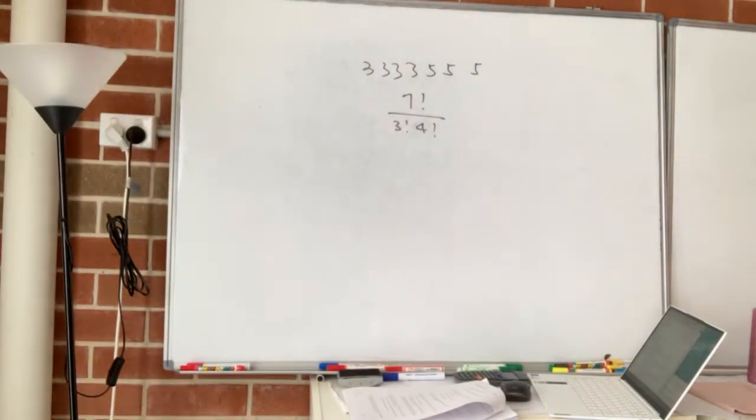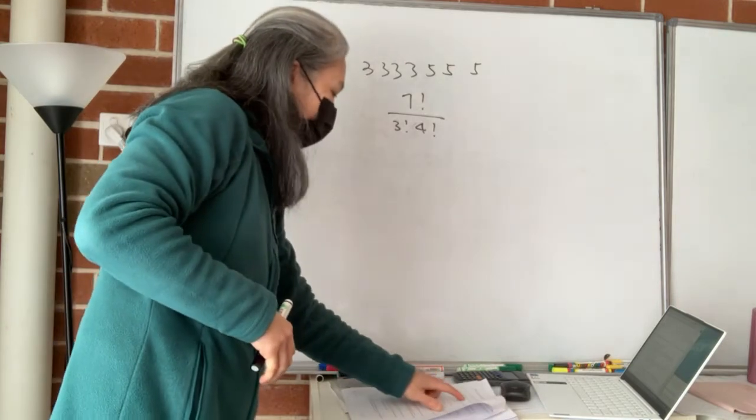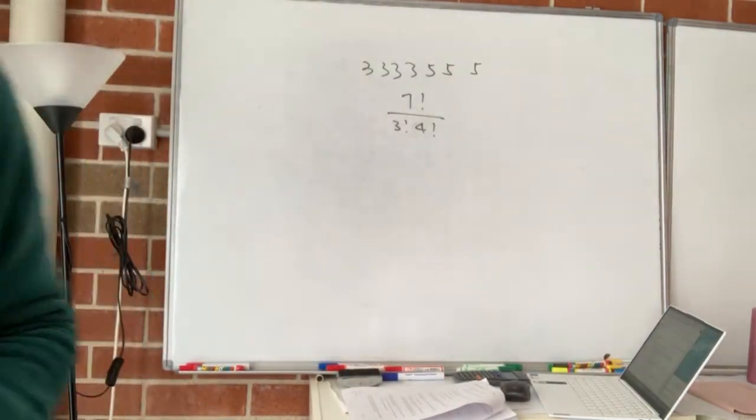Okay, part 2 is the important one. Don't start with 7C5. The part 2 is without the five digit number restriction.